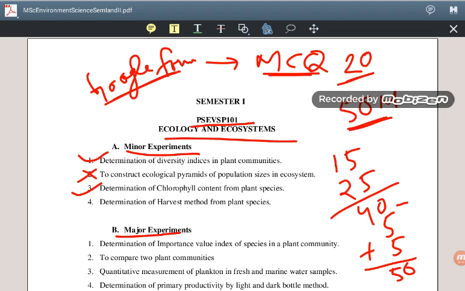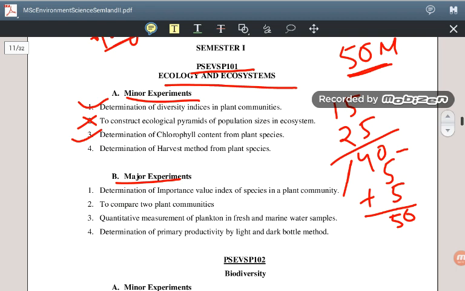Next, coming to the major experiment. Here the major experiment consists of the first one, that is IVI, important value index. Next, to compare two plant communities. I think I have already sent you yesterday's practical on how to compare the two plant communities.